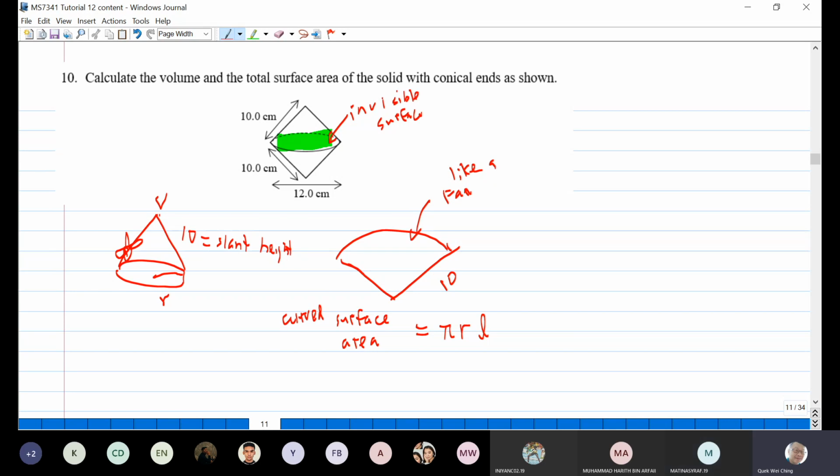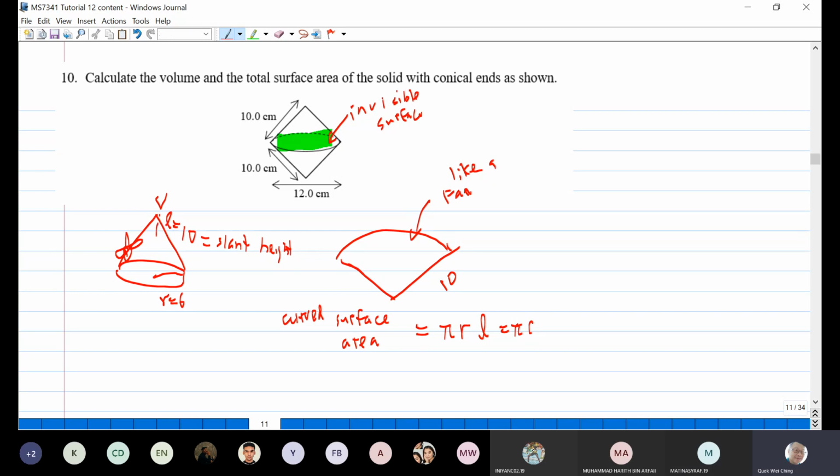Curved surface formula is pi r l. L is the slant height. Okay, slant height. So this pi r l, we find out r is actually equal to 6, right?